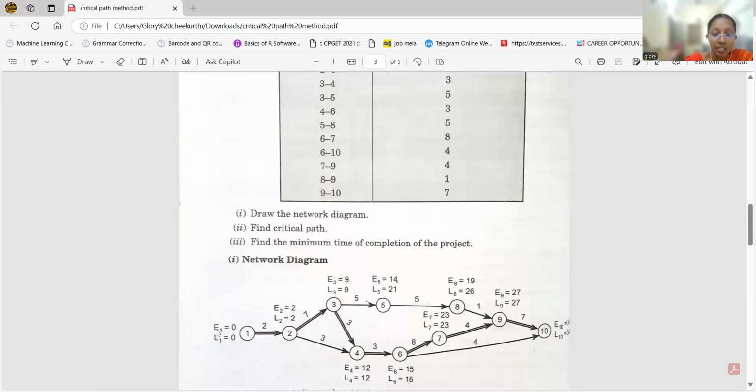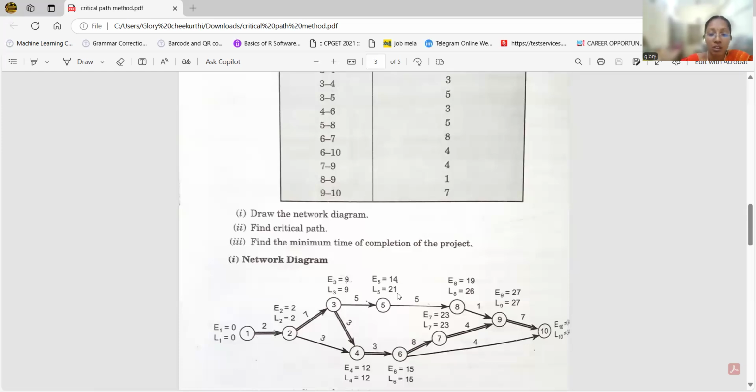Here we have to check E1, L1. E1 equal to 0, L1 equal to 0. E2 equal to 2, L2 equal to 2. This is the critical path. Next, E3 equal to 9, L3 equal to 9. So we have to follow this one. E4 equal to 12, L4 equal to 12. We have to follow this one. E6 equal to 15, L6 equal to 15. Follow this one. We do not follow this way because E5 equal to 14 and L5 equal to 13.